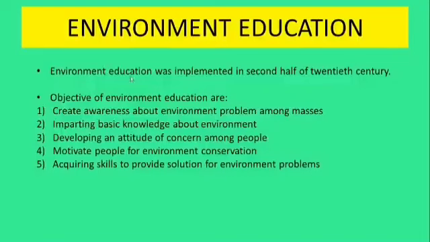So environmental education was implemented in the second half of the 20th century, and the main objective of this kind of education is to create awareness about environmental problems among masses, to impart basic knowledge about environment, to develop an attitude of concern among people, to motivate them for environment conservation, and to let people acquire skills so that they provide us with some solution towards environmental problems.